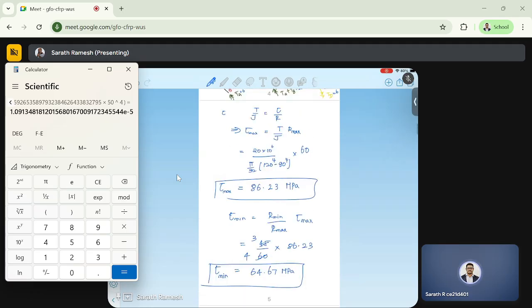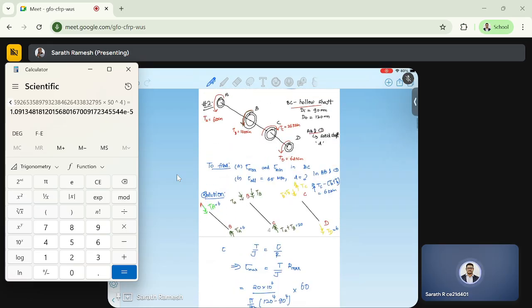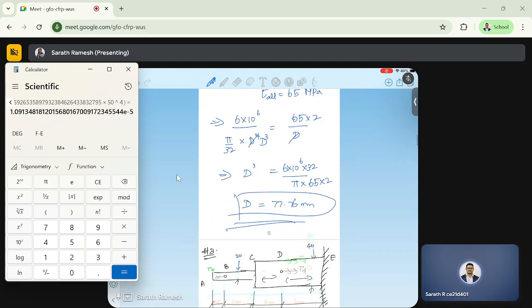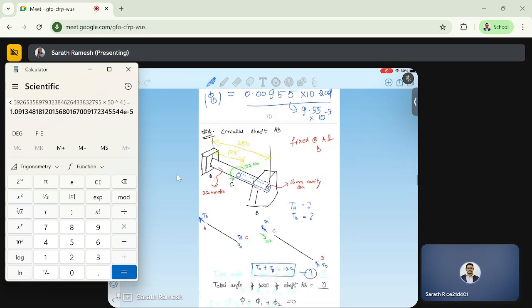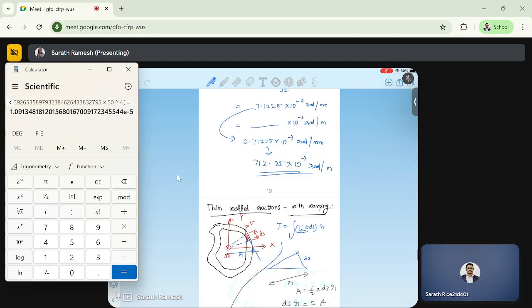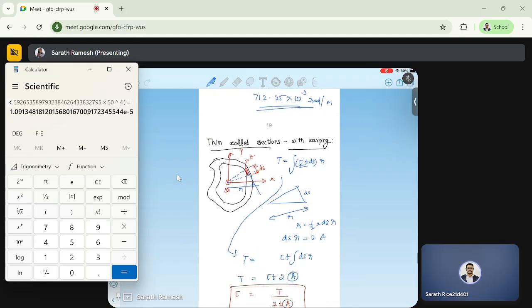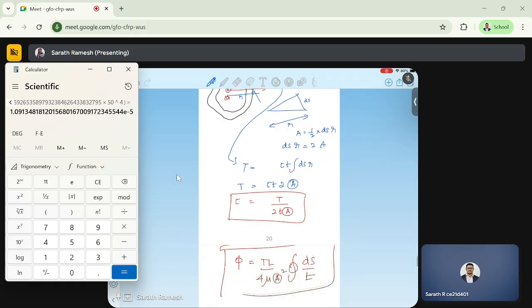Mainly we saw how to find the free body twisting moments at individual sections, and finally thin wall sections with warping.